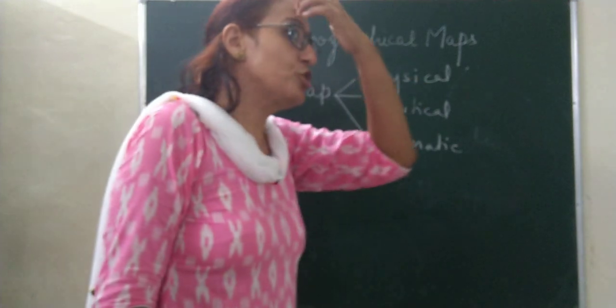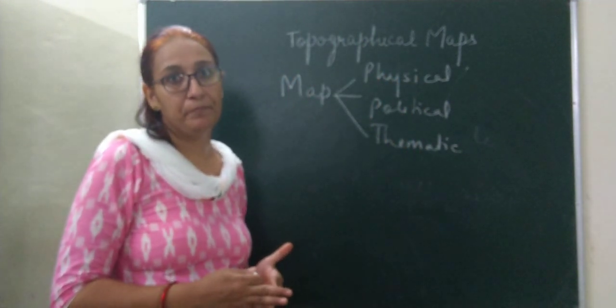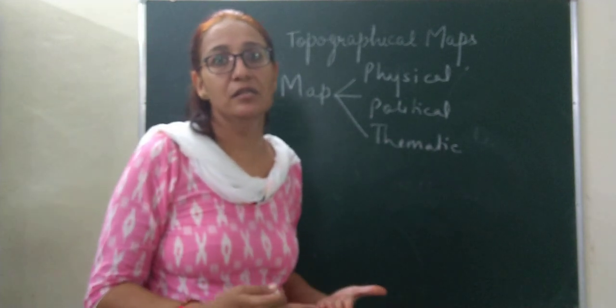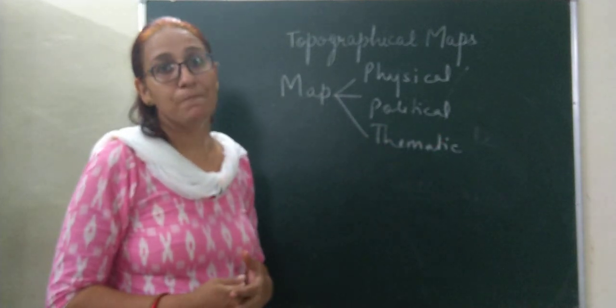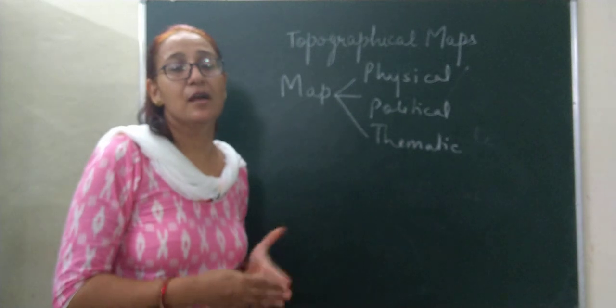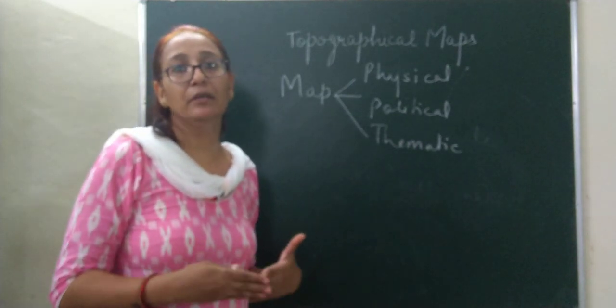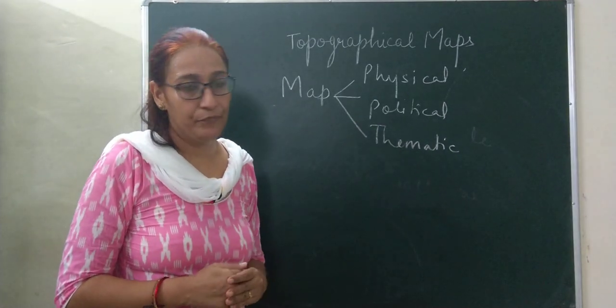Physical maps show physical features on a map, like rivers, streams, mountains, hills, etc. Political maps show boundaries of cities, countries, states, capitals. So that is considered a political map.